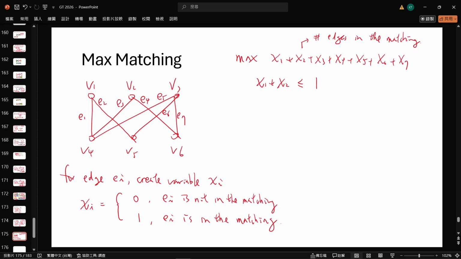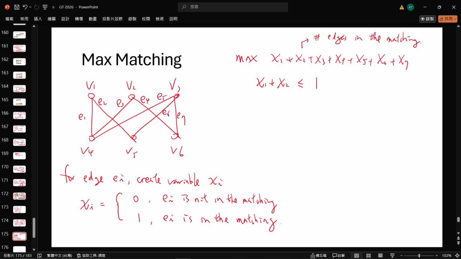Combined with our definition of xi, this immediately tells us that at most one of them can be set to 1. You cannot have both variables set to 1, as this will violate the constraint. So the physical meaning of this inequality is that we can choose at most one of the edges E1 or E2.